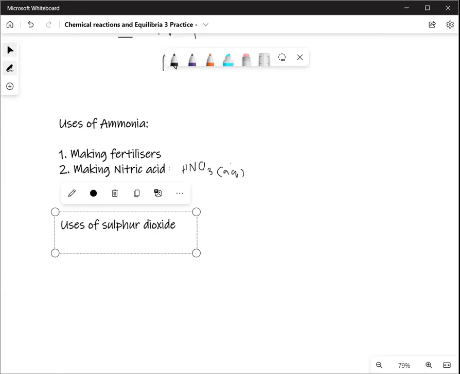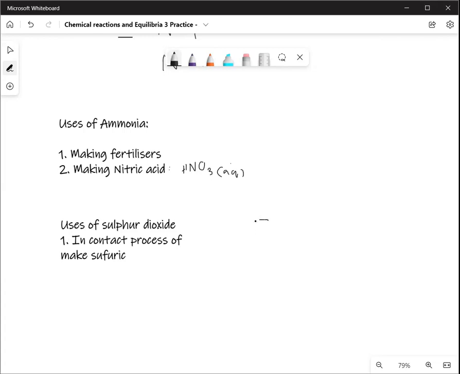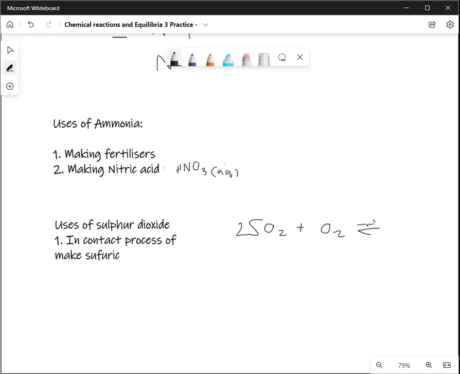Now the uses of sulfur dioxide are, first one, in the contact process to make sulfuric acid. Remember, how do we get sulfur trioxide? This is the equation, SO2 plus. Yeah, we wrote it. That is the second stage of the contact process to give SO3.